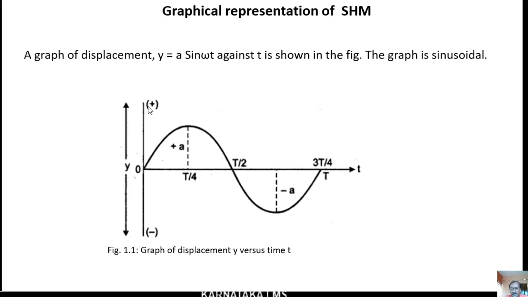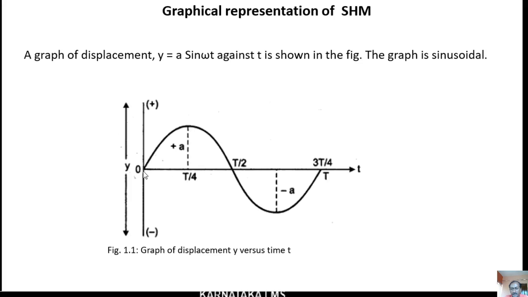When it comes back from the extreme to the mean position, it reaches the equilibrium position, then it covers the half period portion, that is T by 2.